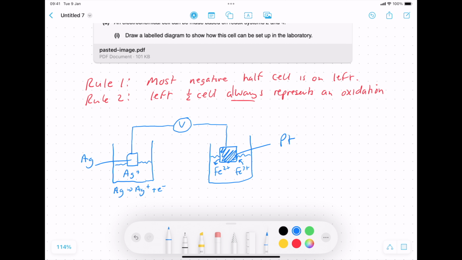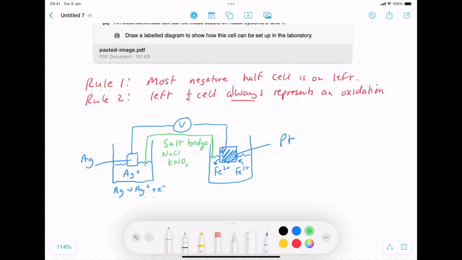Finally, connect the two half cells with a salt bridge, which is this green line here. A salt bridge allows the passage of ions between the two half cells and is made from a group 1 salt, usually sodium chloride or potassium nitrate. Any one of those is good for this purpose because group 1 salts are very soluble in water.